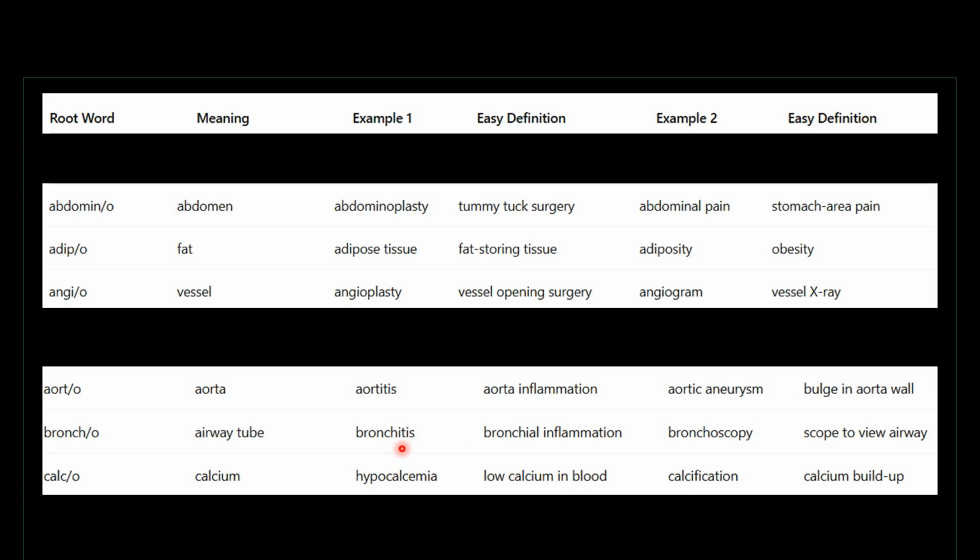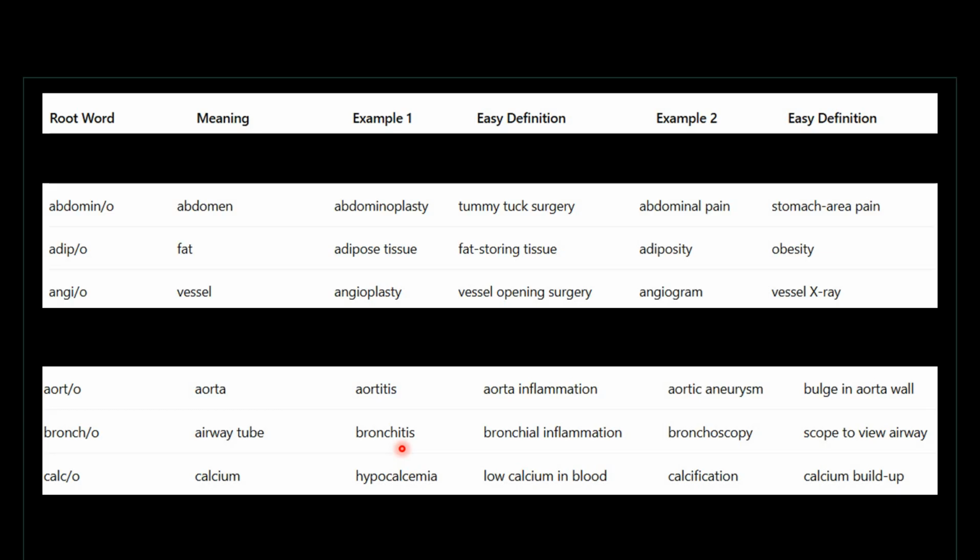So bronchitis means inflammation in the airway tube. Similarly, we have bronchoscopy, which is to scope, to view the airway. Okay, so it's a kind of instrument that is used to view through the airway.